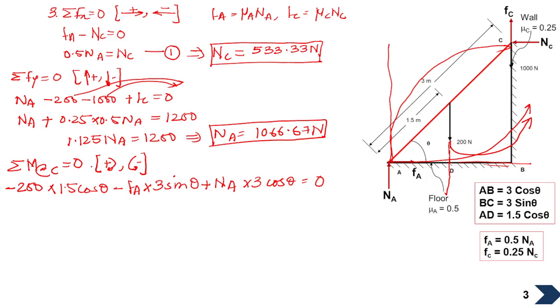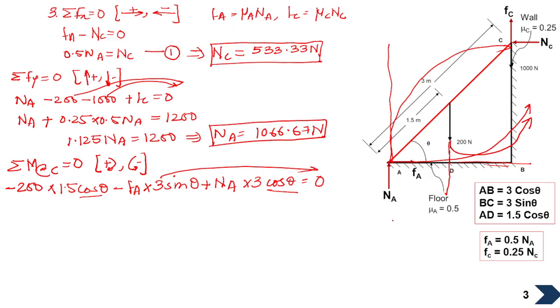Okay, now we'll solve this equation. We have cos theta here, and then we'll have cos theta here. So we'll try to take the cos theta part this side, and we'll keep it here itself, and we'll take the sine theta part to the other side to make it positive. So we have FA. The value of FA can be written as mu A into NA.